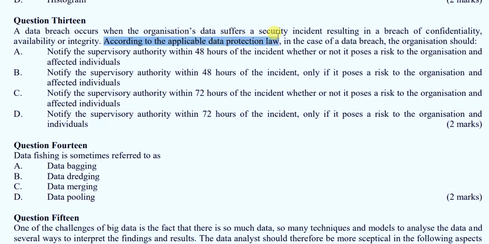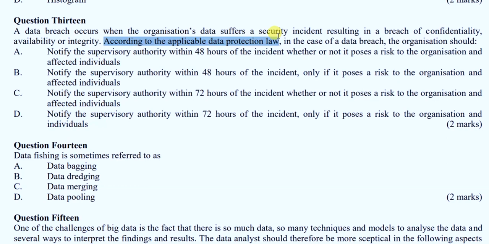Because many jurisdictions, many countries have their own applicable law. So it was not clear whether the examiner is testing the GDPR or the Data Protection Act in Kenya, or the data protection in Rwanda, or Tanzania, and so on.